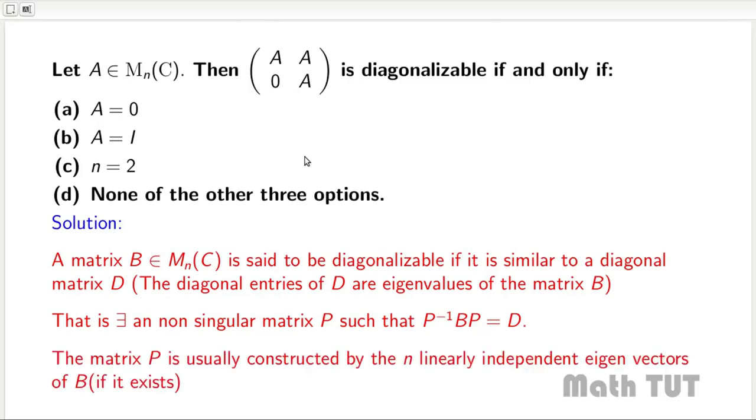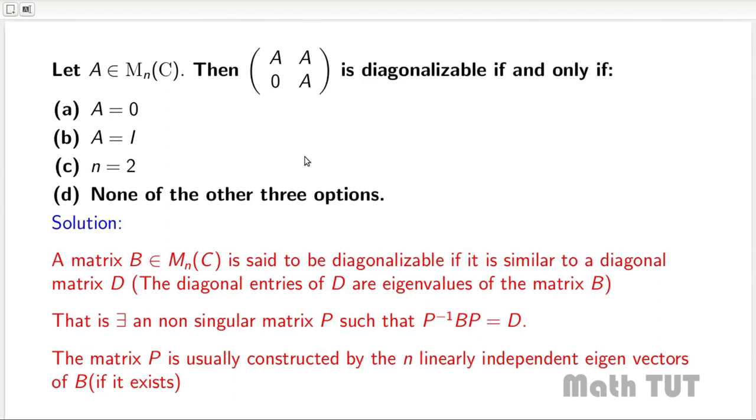When you do this diagonalization, usually this matrix P is constructed using the linearly independent eigenvectors of B. Here we have taken B as a matrix of order n, so P obviously has to be of order n.